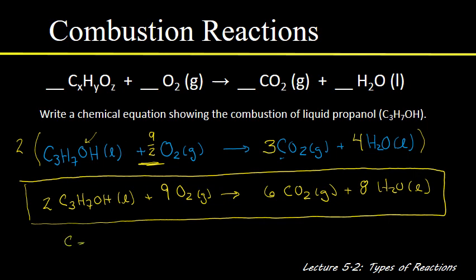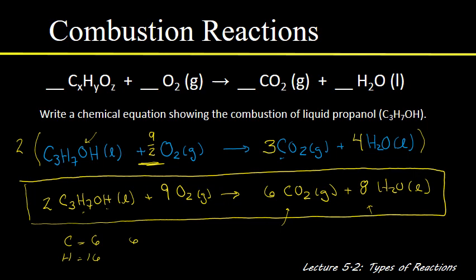Carbons, we've got 6 carbons on the left hand side, and we've got 6 carbons on the right hand side. Hydrogens, let's see, there are 8 in this propanol molecule. We've got 2 molecules, so that's 16 hydrogens. And over here, we've got 2 hydrogens in each water molecule.